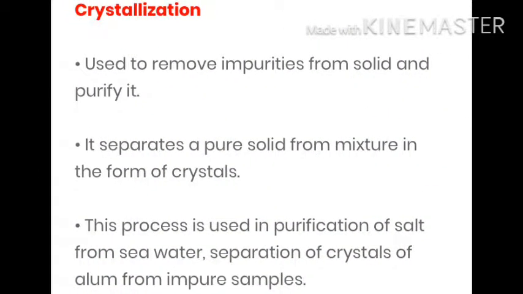Crystallization is used to remove impurities from a solid and purify it. It separates a pure solid from a mixture in the form of crystals. This process is used in purification of salt from seawater, and separation of crystals of alum from impure samples.